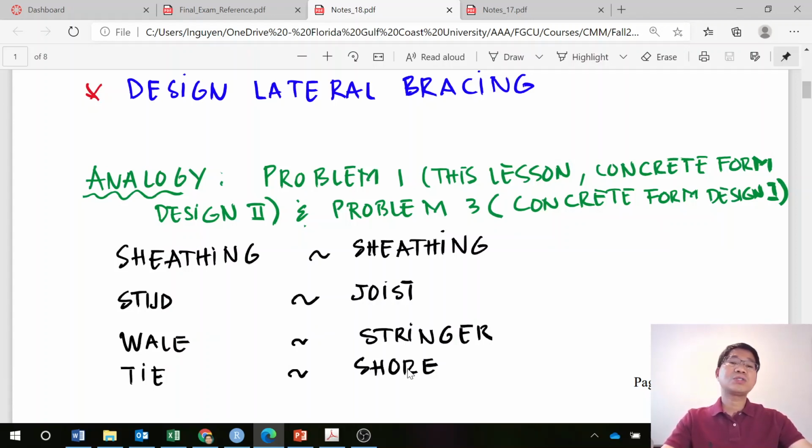And then what we call a shore in the slab form design, then it becomes a tie in wall forms. So with that one, you can see the analogies. In the next video, I will walk through the solution for problem 1 for the wall form design, because that's similar to problem 3 that you learned in concrete form design 1 last week.